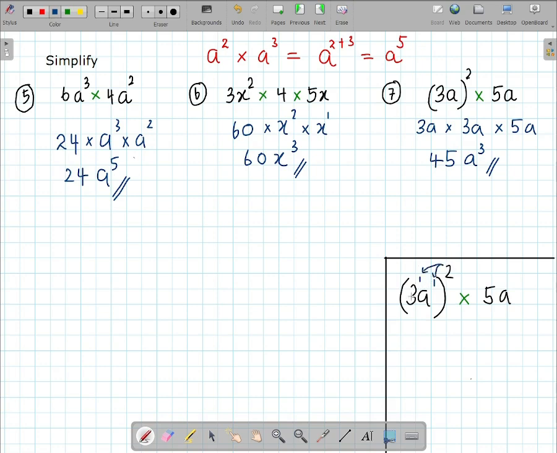So it is 3 to the power 2 and a to the power 2 times 5a. 3 to the power 2 means 9. a to the power 2 times 5a. 9 times 5, 45. a to the power 2 times a to the power 1, that is a to the power 3.